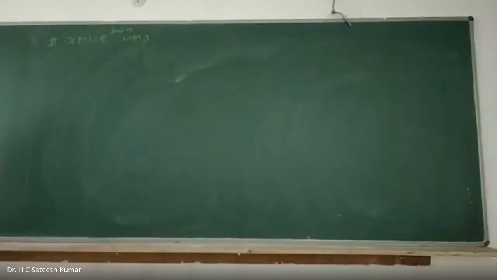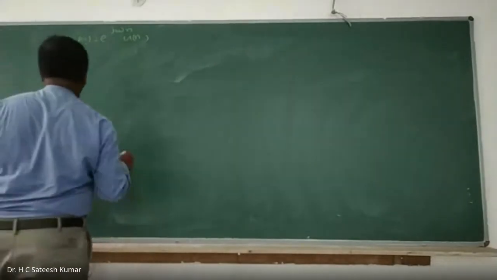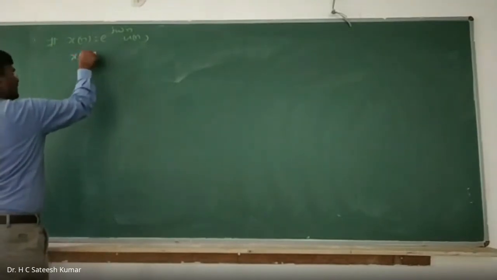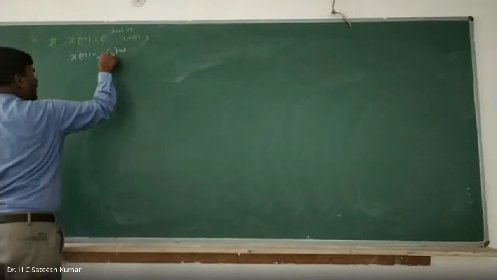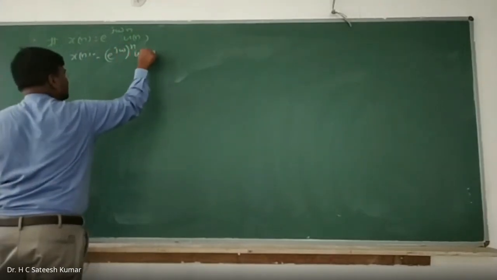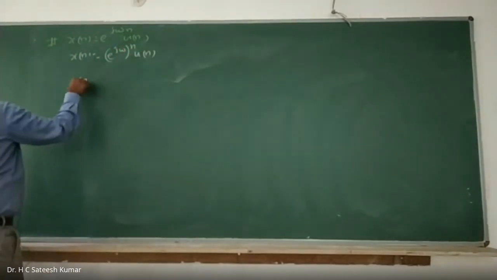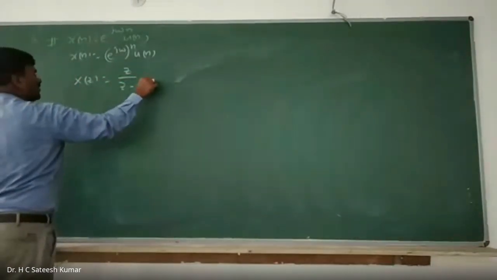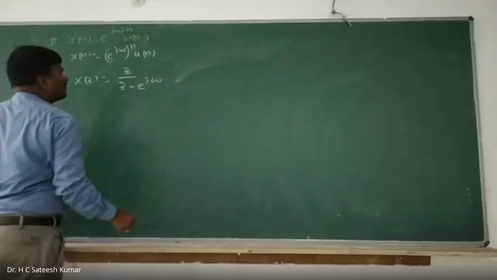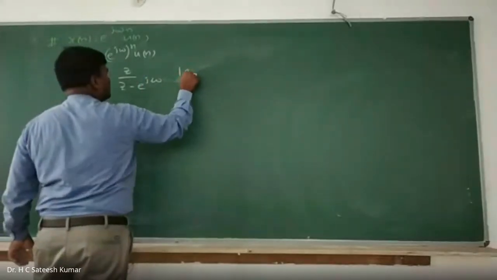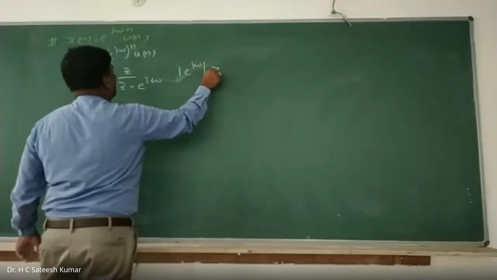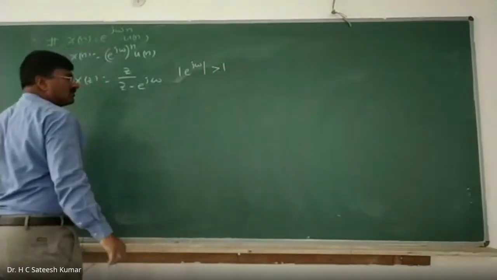So how will you do that? This is another variety of problem. This can be directly written as x of n is equal to e to the power of j omega, whole power n, into u of n. X of z is equal to z divided by z minus e to the power of j omega, provided magnitude of e to the power of j omega is greater than 1 is the ROC.